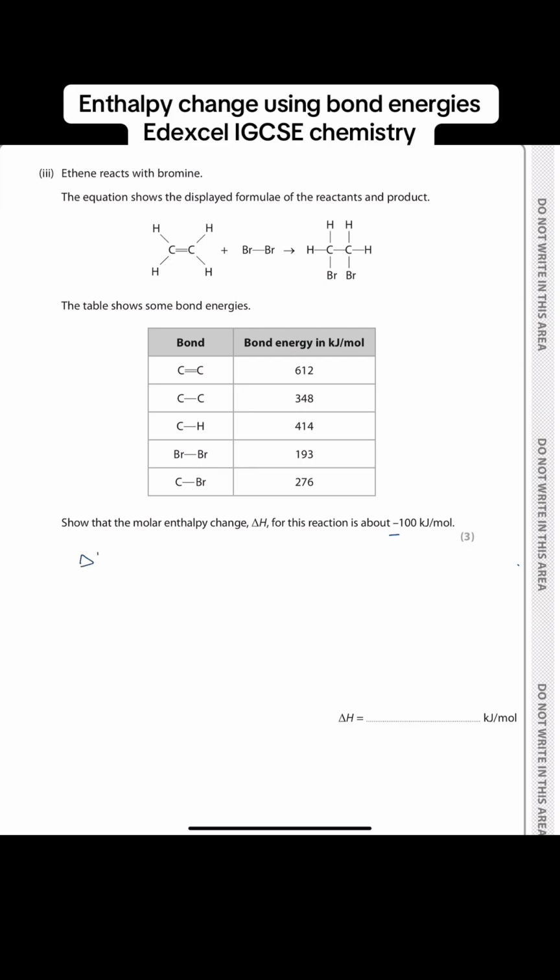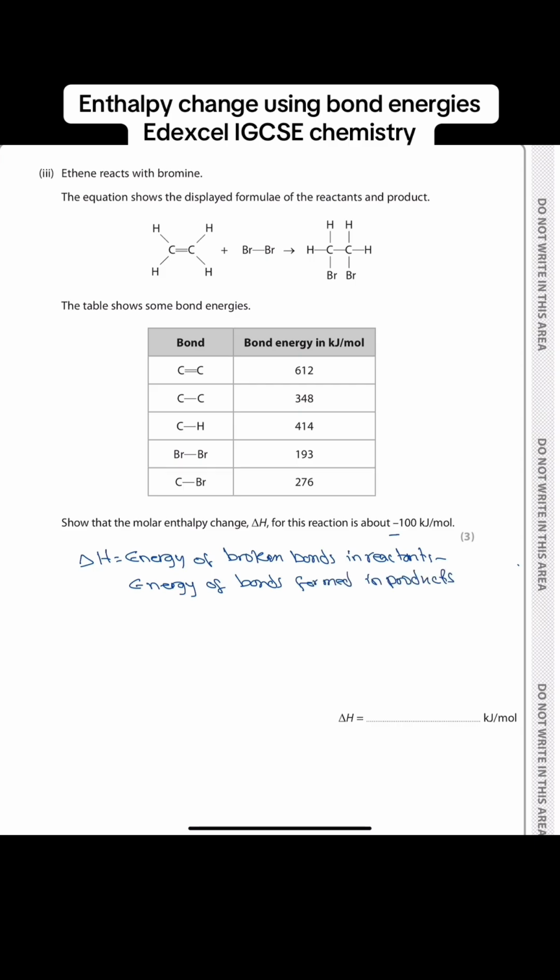So we know that delta H equals the energy needed to break all the bonds for the reactants minus the energy needed to form all the bonds in the product. So energy of broken bonds in reactants minus energy of bonds formed in products.